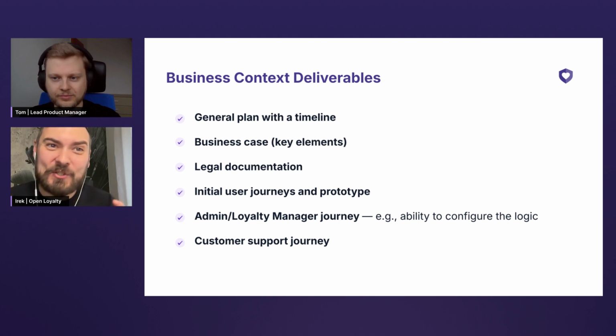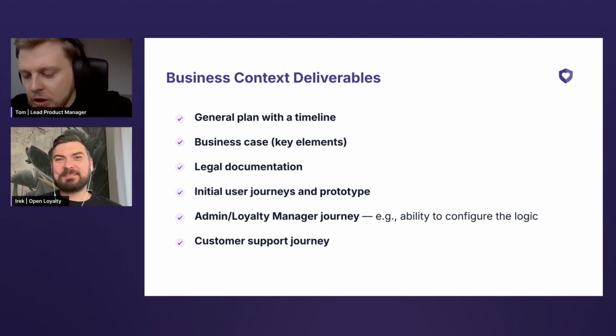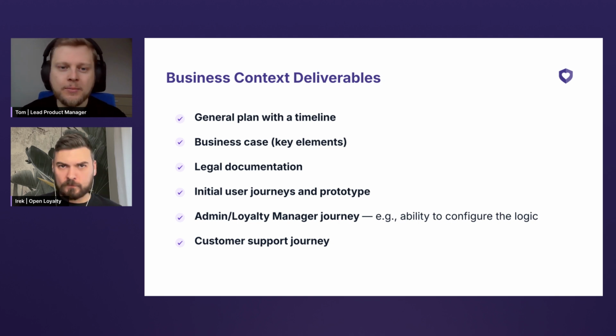So Tom, you've mentioned business context deliverables. What are those? If you could just guide us through them. Yeah, sure. We've chosen key deliverables that we really believe will help you greatly with running projects successfully. There might be more, of course. But the first one would be a general plan with a timeline.